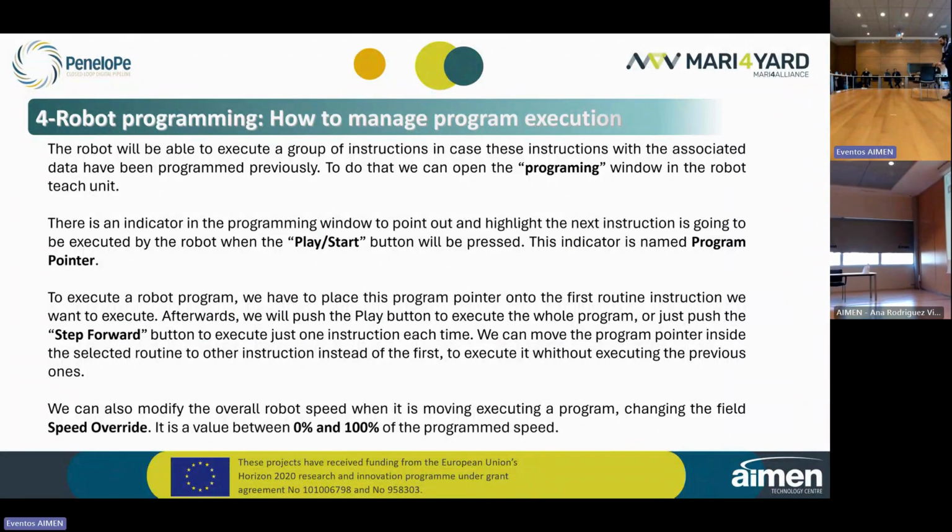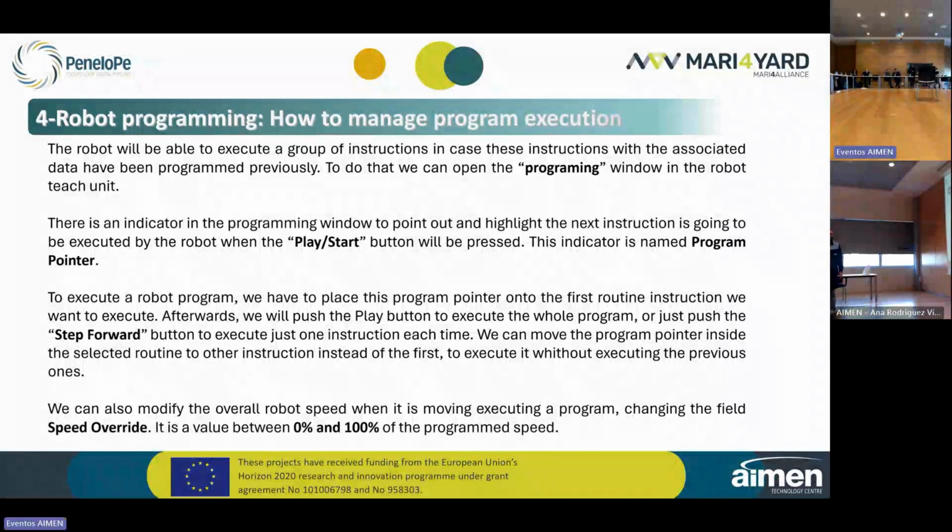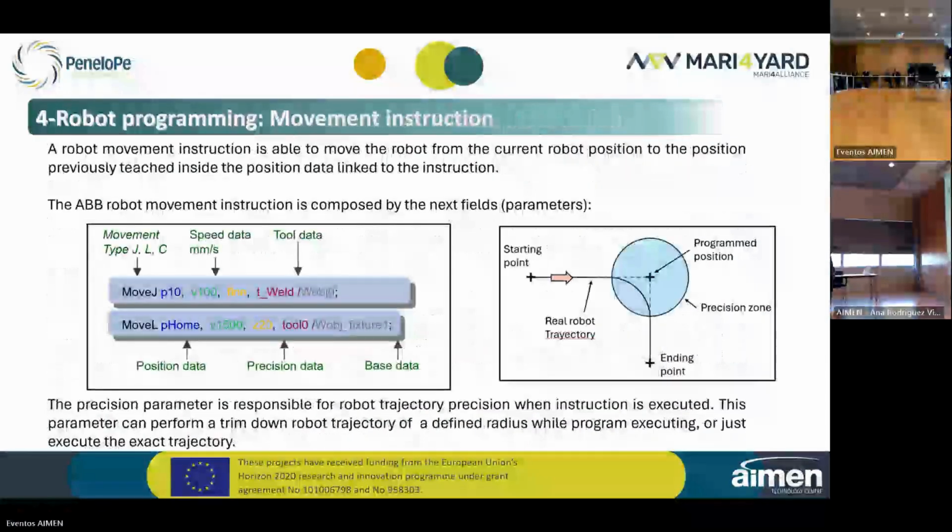If I want the robot to perform, for example, a trajectory from this point, passing through this point and this point, in a square, I could program these movement instructions with precision data in fine. In that way, the robot movement is going to be like this.